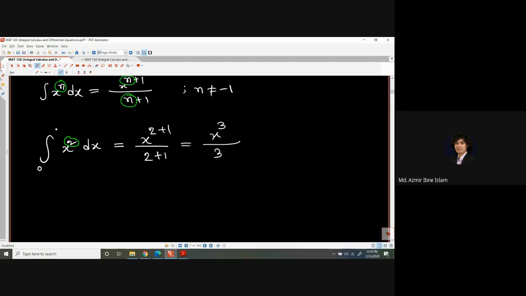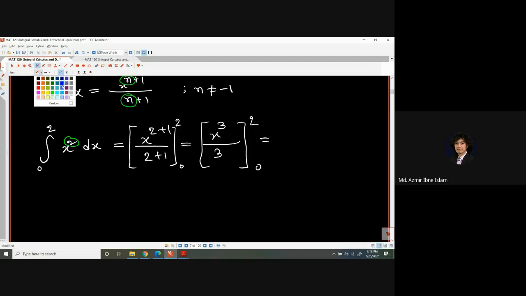Suppose we are integrating from 0 to 2, so we have an upper limit and a lower limit. At first, figure out that the function we have here is small f(x).